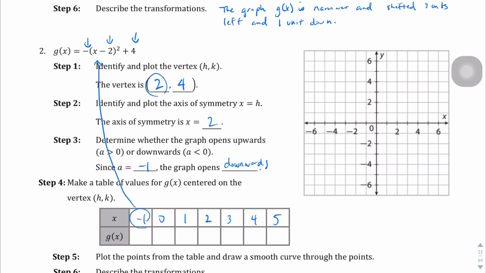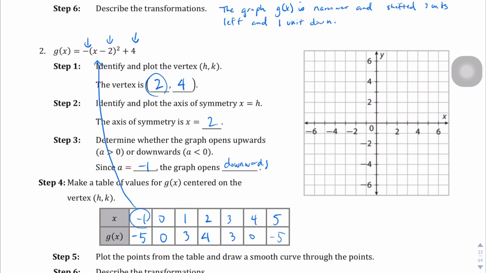And that becomes negative 9 plus 4 becomes negative 5. Let's see, 0 minus 2 is negative 2. Negative 2 squared is 4. That becomes negative 4 plus 4 equals 0. And again, here I go with the semi-cheating, but I'm the teacher here, so neener.